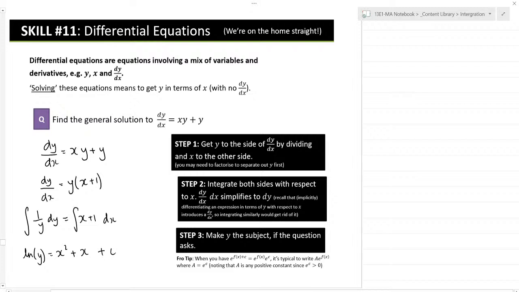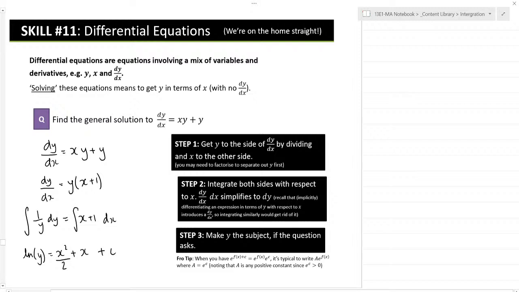Now, you might think to yourself, well, why have you got the c on one side? You might think to yourself, well, why have you only got c on one side? Why do you not have c on both sides? And you do have c on both sides. However, what we do is we basically take into consideration that we're just moving it to the other side, combining those constants together. Does that make sense? Everybody all right with that?